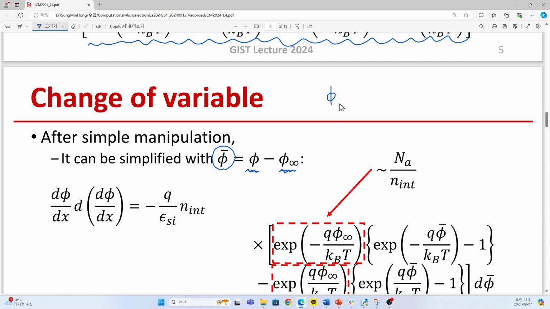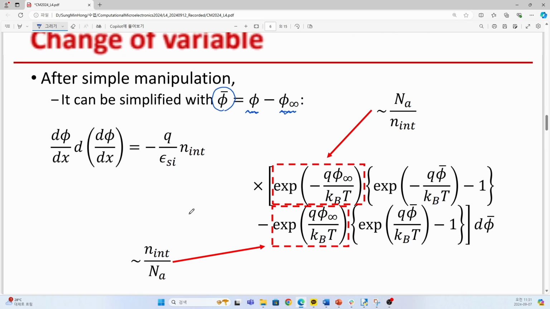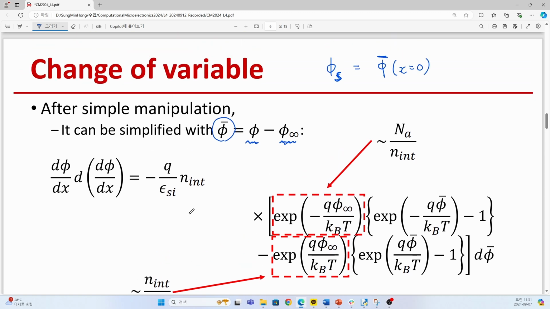So in this sense, our surface potential can be just written as phi bar evaluated at x equal to 0. I think that maybe somewhere I have already shown this relation. But anyway, let's introduce this intermediate variable. We will not eventually use this variable, but for a while, just to use it.